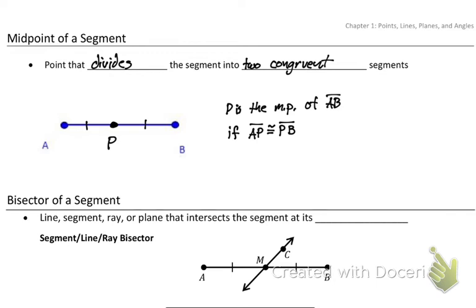So you're a midpoint only if those two things are congruent. Now we're trying to talk about if statements. It's only congruent if something is something. P is the midpoint of AB if AP is congruent to PB.